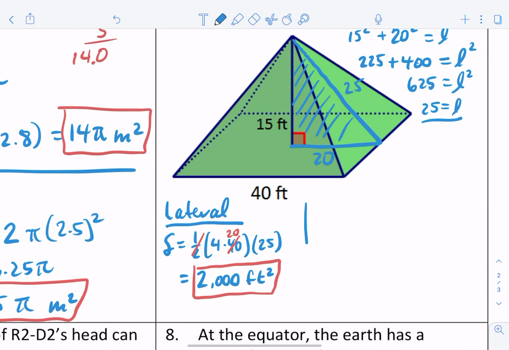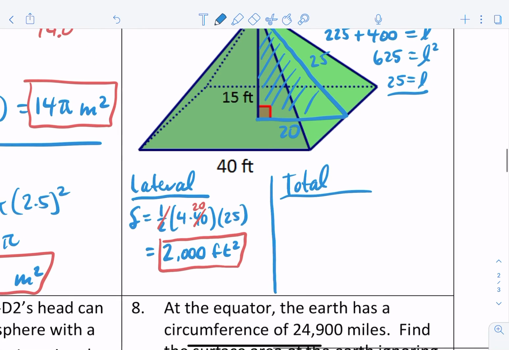Okay, now let's find our total. The total is always way easier after you've already found the lateral surface area. We just got to add in our base. Since it only has one, I'm going to start with our lateral surface area, 2,000, and we're going to add in one base. It is a square. Find the area of a square. Side squared. 40 squared.